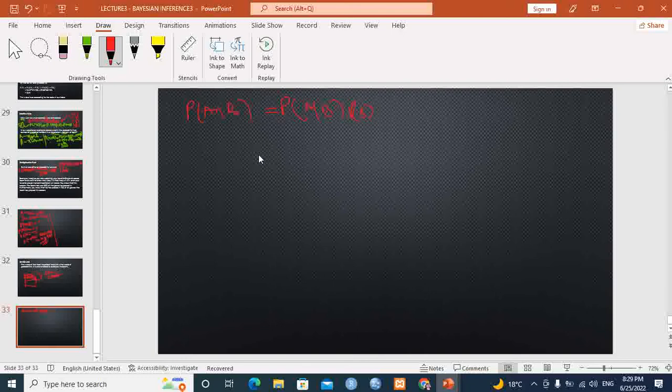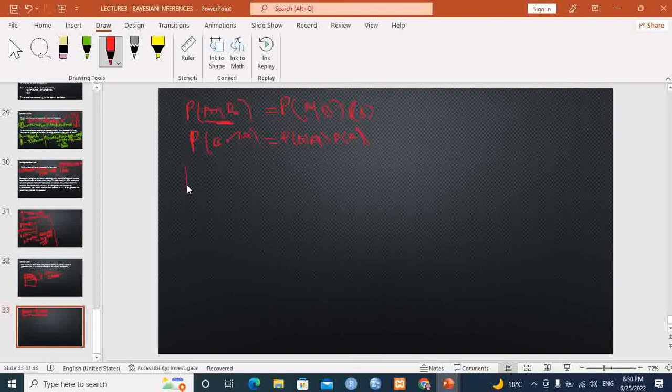Now when you interchange this, there will be no changes: B intersection A is the same as A intersection B, but the right hand side can be different. Probability of B given A times probability of A. So this side can be written in this other way, but the left side remains the same.